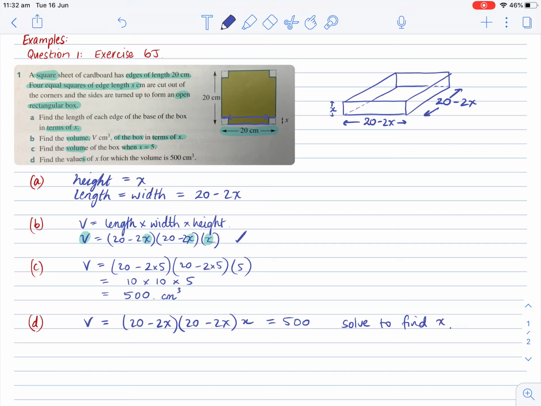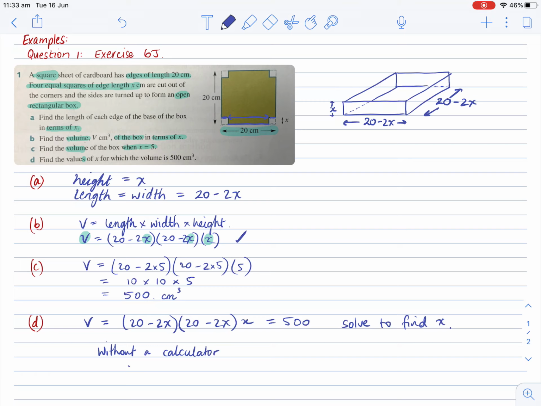Now most of you will want to jump straight to your calculator, and the examples in the book use your calculator as well. So I'm going to go straight to my calculator at this point in time. But if I wasn't going to use the calculator, I'll write this down.